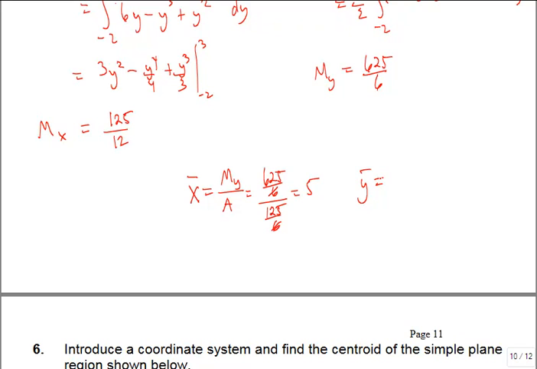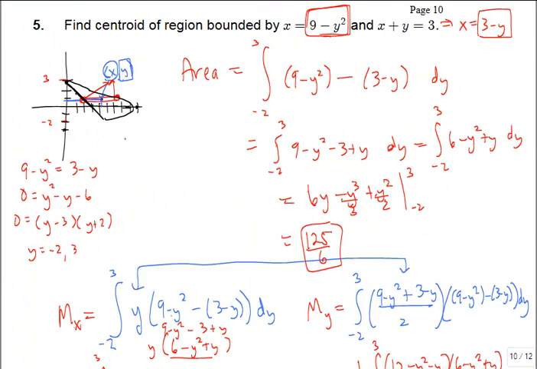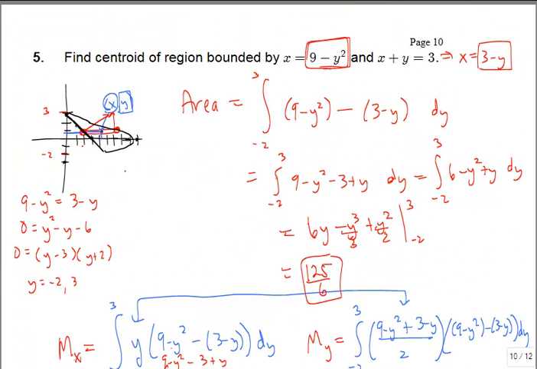And then y bar is going to be the moment about x divided by our area, which was 125 over 12, over our area, which was 125 over 6. The 125's cancel, and when I multiply by the reciprocal, I get 6/12 or 1/2. So my centroid is x bar comma y bar, which is 5 comma 1/2. And just to visualize that, that looks about right, because that's going to be just about where my little black dot is, right here in the middle.